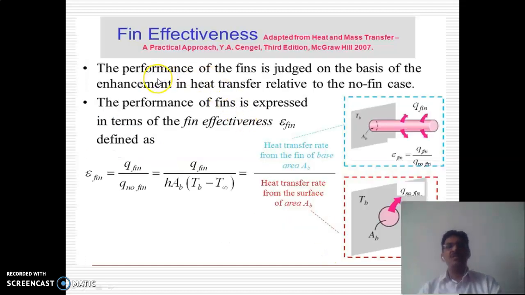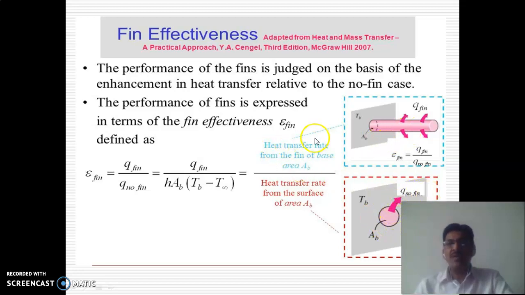So here you can see that the performance of the fin is judged on the basis of enhancement in heat transfer relative to the no fin case. That's why we measure this performance in terms of fin effectiveness, that is Q fin divided by Q without fins. Here you can see that this is with Q fin, and if there is no fin, then it is Q with no fin.